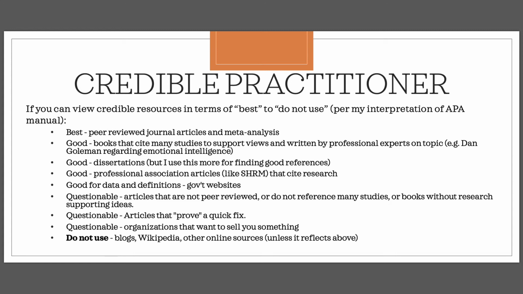Now, you may be able to find some good sources by looking at Wikipedia, but do not quote Wikipedia. Other online sources that are possible references are government websites or HRAM. They're not always as good on papers, but in your discussion post, they may add to the information that you can provide for your resources.